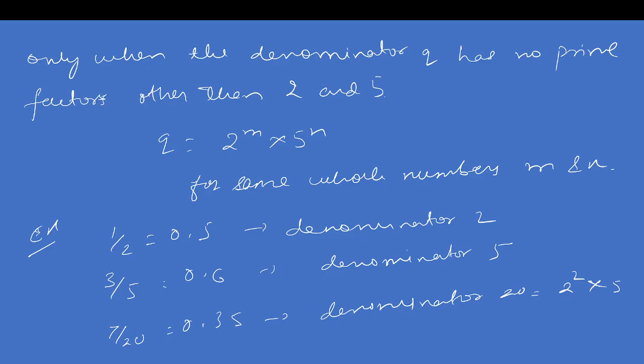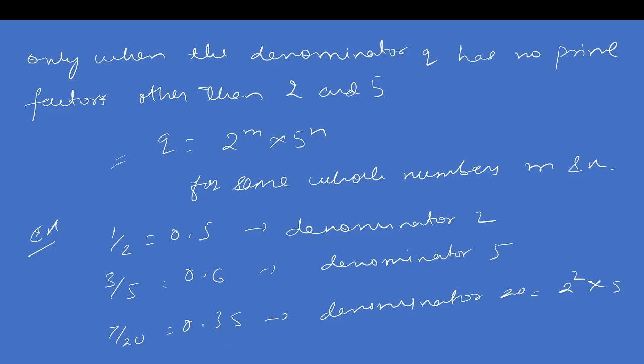So we'll prove this, that denominator q has no prime factor other than 2 and 5. If there are prime factors other than 2 and 5, then it will not terminate. So the form of q is 2 to the power m and 5 to the power n for some whole numbers m and n.